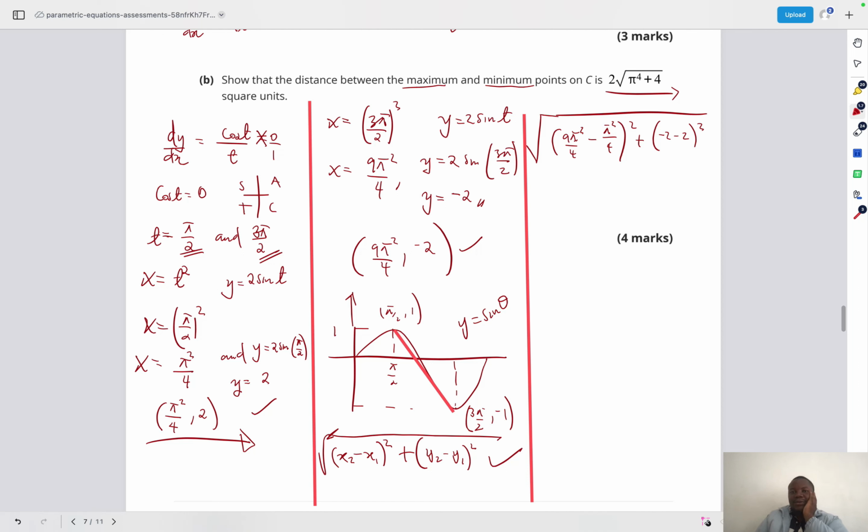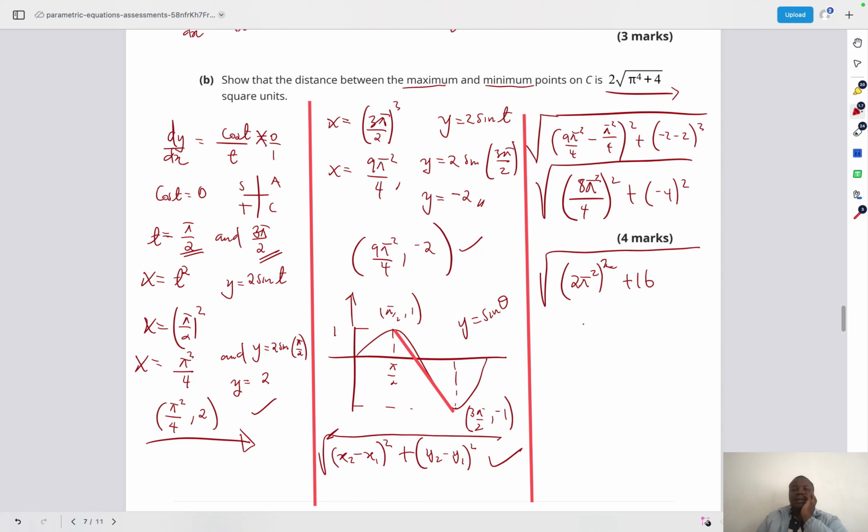So if we do our algebra here, you can see the denominator is 4. This is 8 pi. So we've got 8 pi squared over 4, everything squared, plus negative 4 squared, and everything here is under a square root. Now, if we do our work properly here, you would find that this is 2 pi squared plus 16, and then everything in the square root.